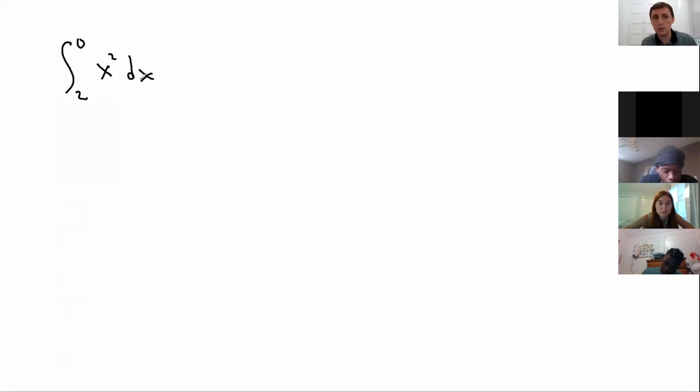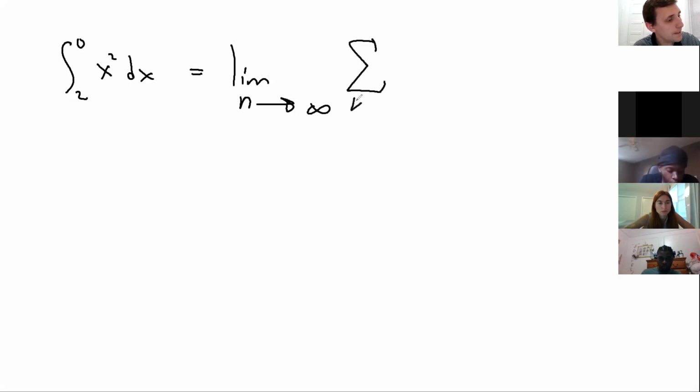Let's suppose I want to do this integral. What am I doing in terms of Riemann sum? So in terms of Riemann sum, I take it to be a limit as n goes to infinity of the summation k equals 1 to n.